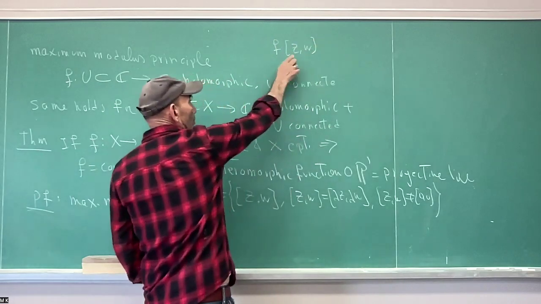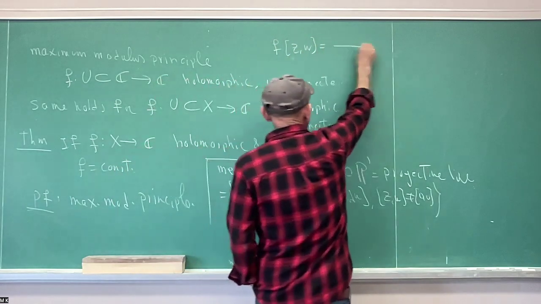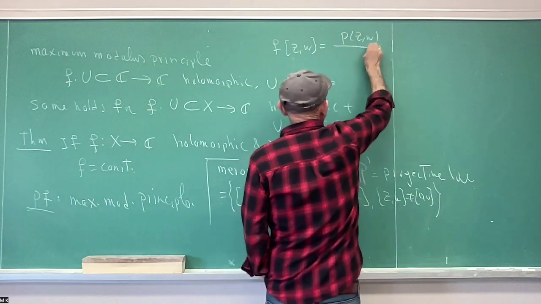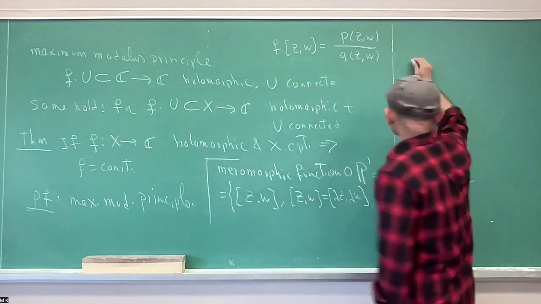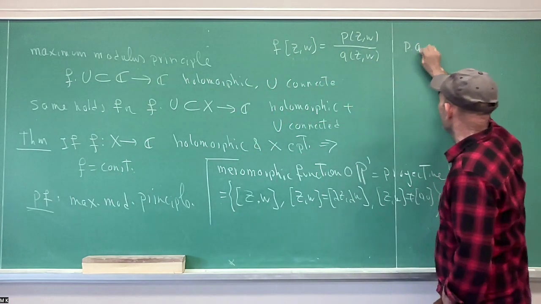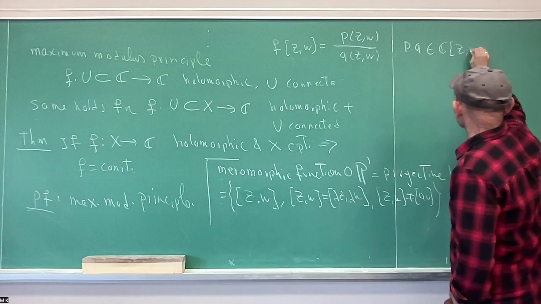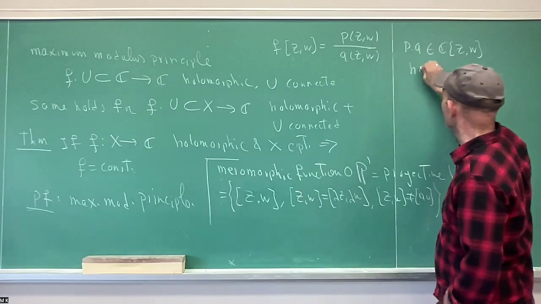For a point on P1 with homogeneous coordinates Z and W, we just write the function as P of (Z, W) over Q of (Z, W), where P and Q belong to the polynomial ring in two variables, Z and W, and these are homogeneous polynomials.